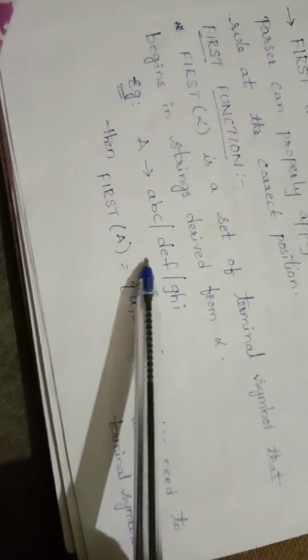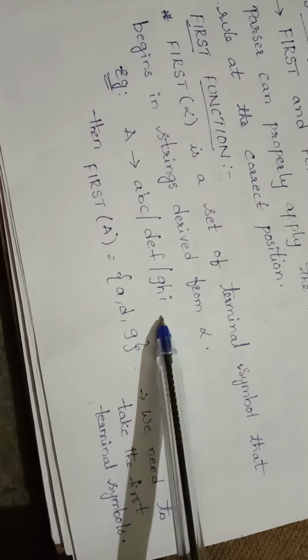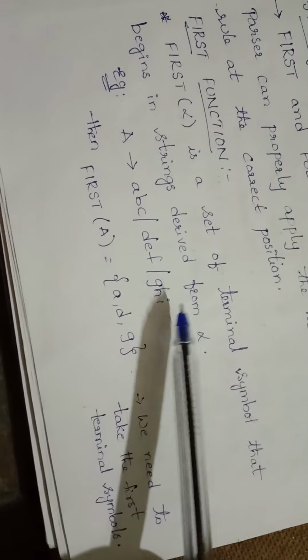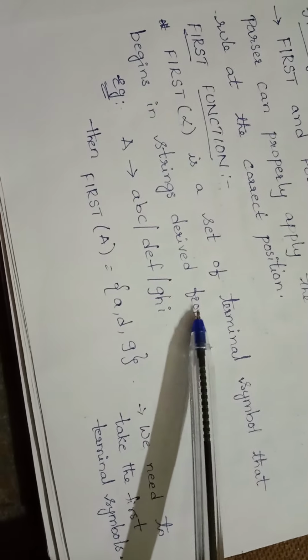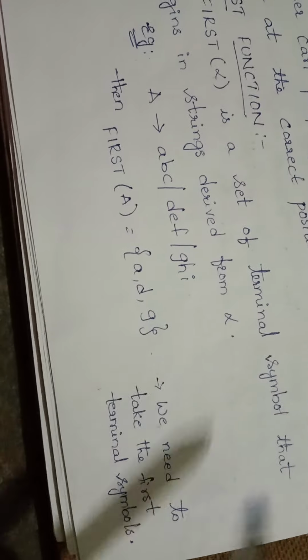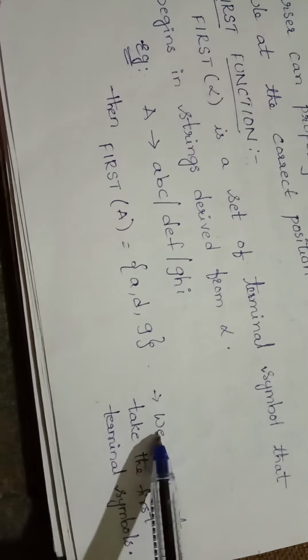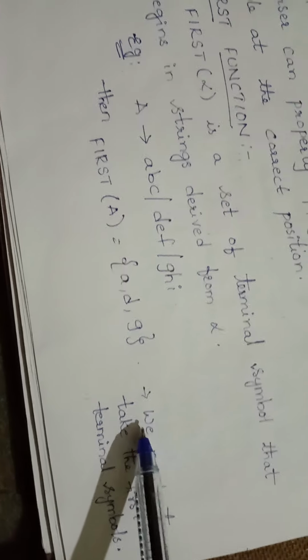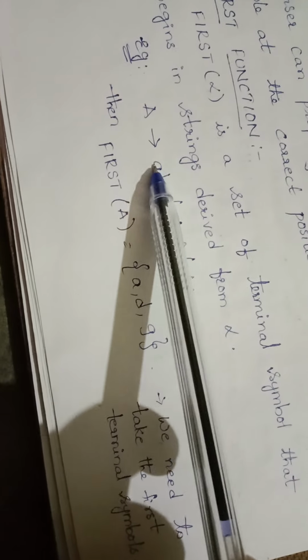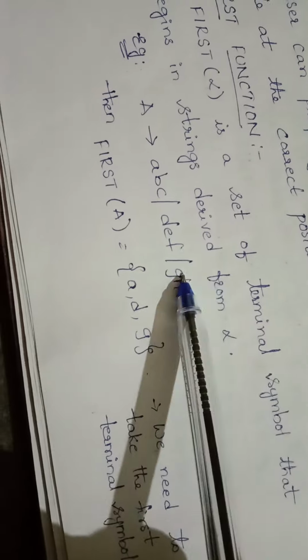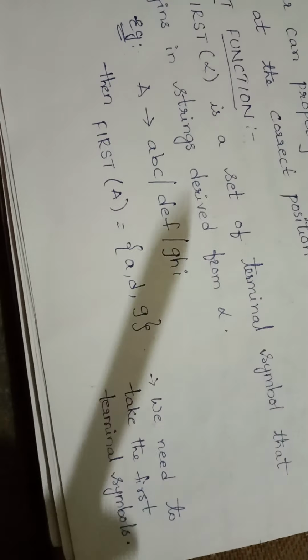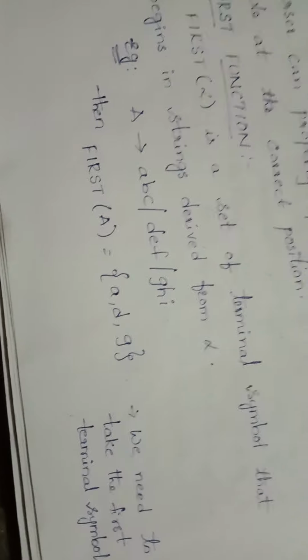A, D, G. In the given input grammar, we need to write all the first terminal symbols. Terminal symbols are nothing but lowercase alphabets. Here the starting symbol is a, which is lowercase, so this is considered first of A, and here d we have, and here g we have. We need to consider only the first terminal symbols.